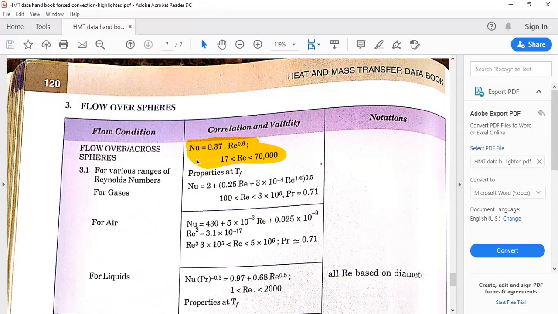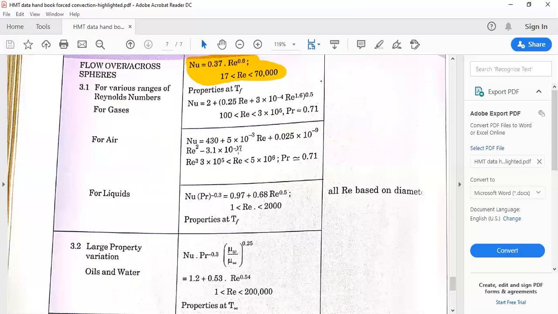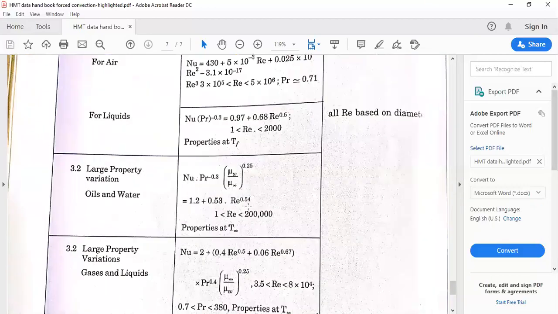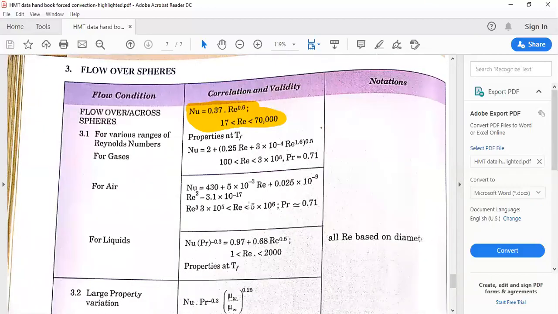Then go ahead and find out the heat transfer coefficient h. So these are the main equations which will be used for solving forced convection problems. And these equations will be used in the numerical lecture which will be dealt with in the coming days. Thank you.